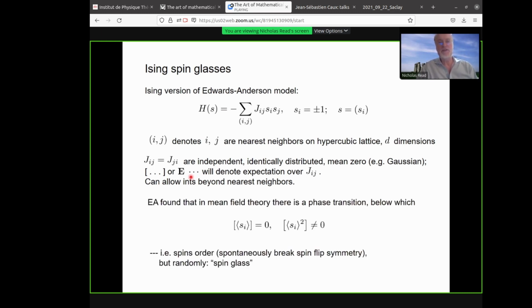And the basic result of Edwards and Anderson was that there's a transition in a mean field sense. And in a given ordered state, the expectation of the spin average is 0, but the average of the square of the spin is not 0. So the spins order, but in some random way, and so they call this a spin glass.